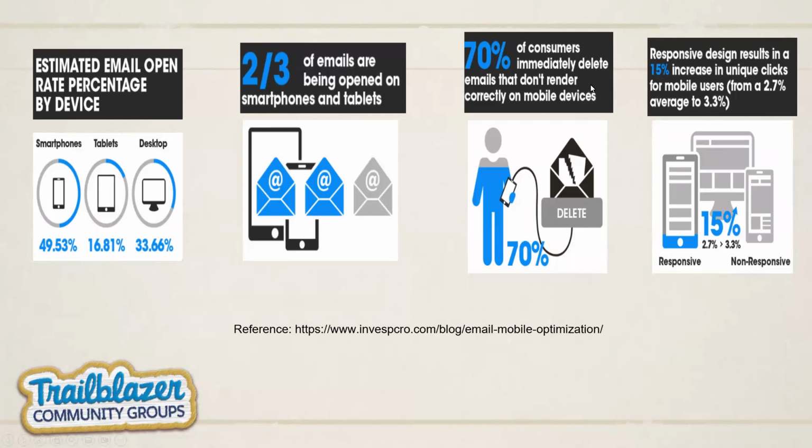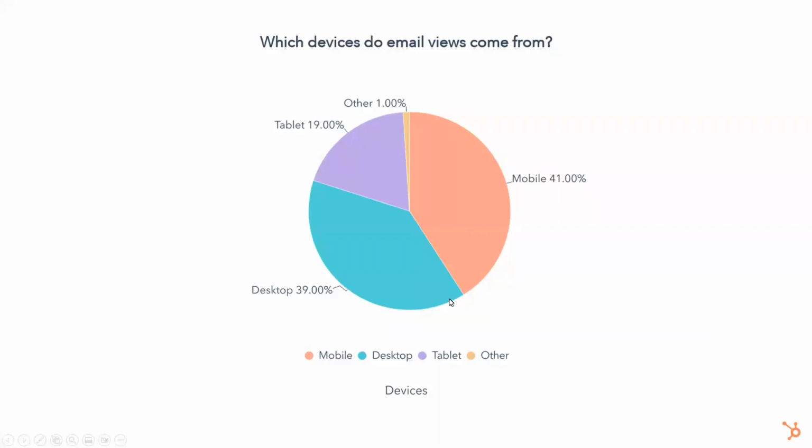And if the email doesn't render properly on a mobile device, 70% of customers immediately delete that email. A responsive design leads to higher click rates and more conversions. And this is another statistic showing which devices email views are coming from.